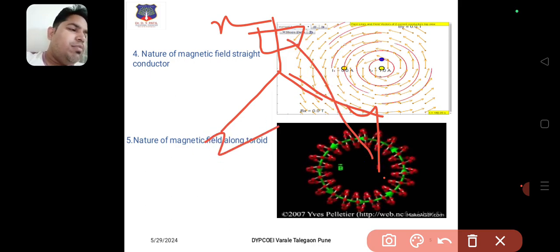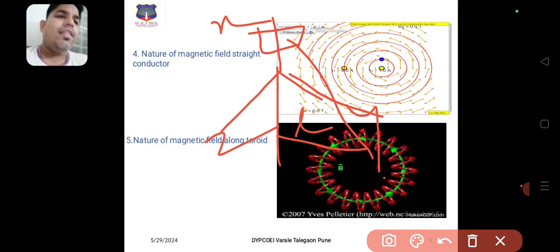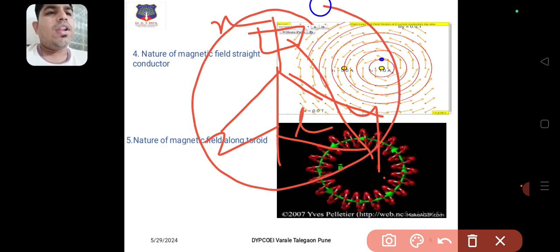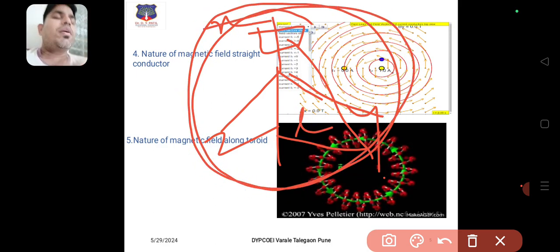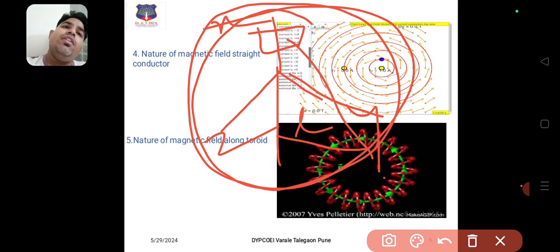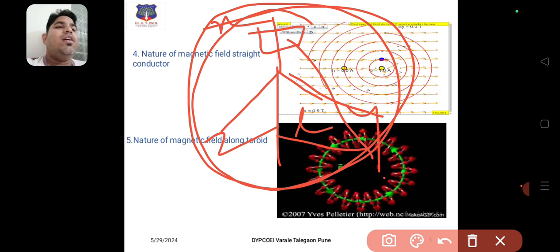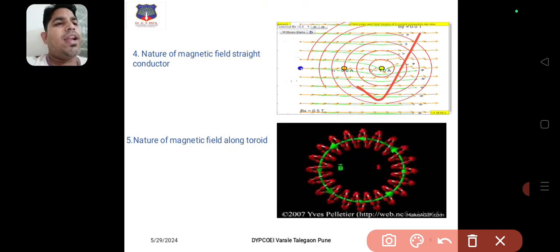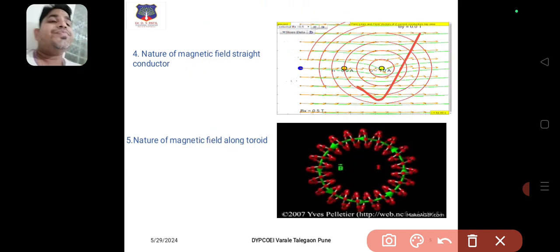It is the region where the magnetic field is generated around it. It's like a circular magnetic field generated around the conductor when current passes through it, as shown in the animated diagram.